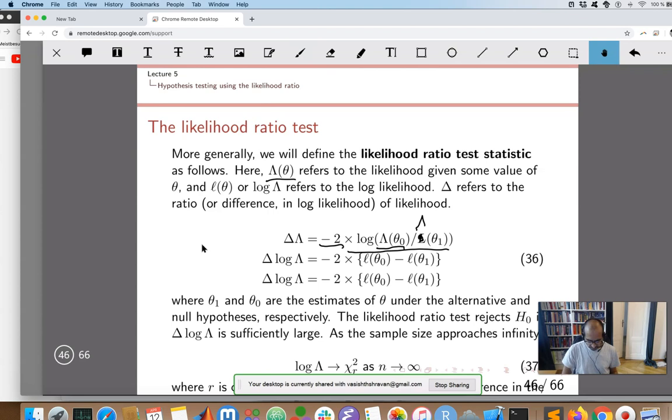And because we're talking about log likelihoods here, we are going to take a difference in the log likelihoods instead of the ratio, right? The ratio refers to the likelihood. The log likelihood will do a subtraction then, because on the log scale every ratio becomes a subtraction.